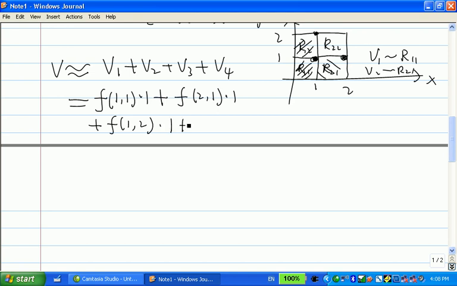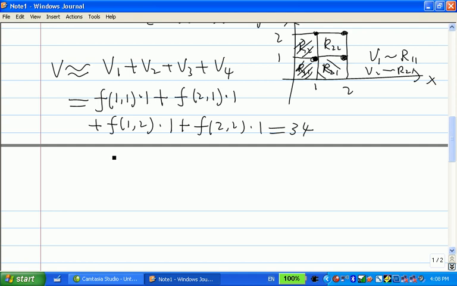Then plus the last rectangular box volume above R22, which is F at the upper right corner, (2, 2), times 1. And when you calculate that, it gives you 34.